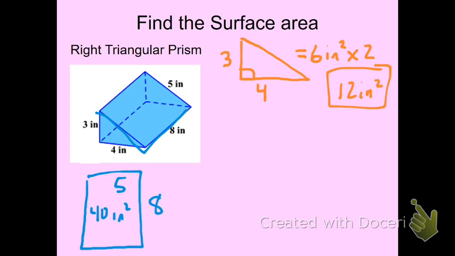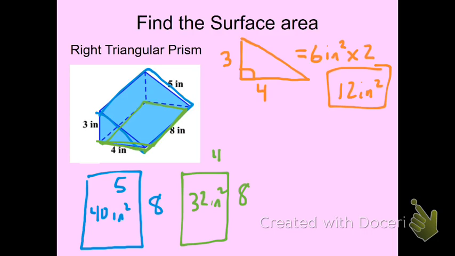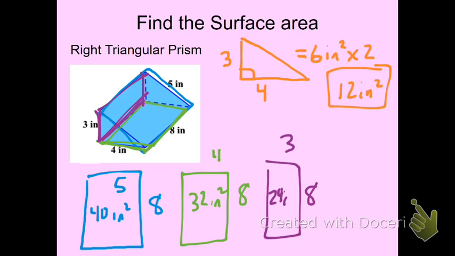Alright, so that's like this top part right up here. Okay, then you have this bottom rectangle, which is 4 by 8. So 4 times 8 would give us 32 square inches. And then you have this side over here, which is 3 by 8. So 3 by 8 would be 24 square inches.